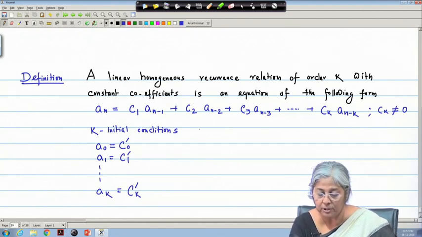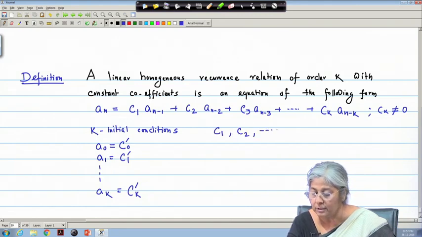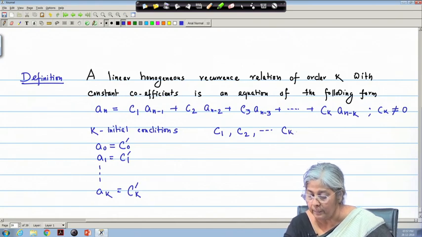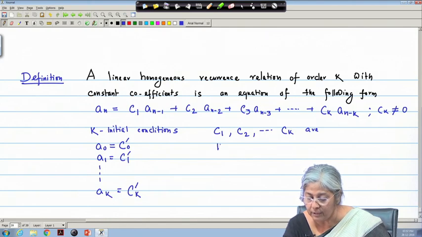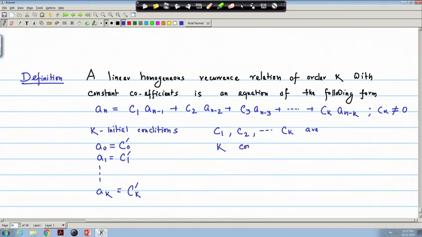So, these are my k initial conditions, and these c_1, c_2, ..., c_k are constant coefficients, k in number. So, we define linear homogeneous recurrence relations like that.